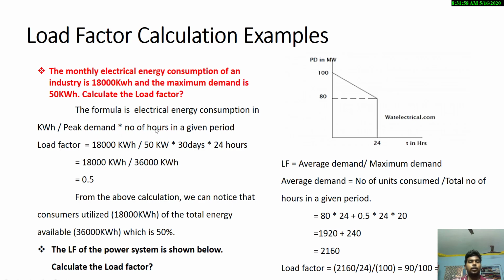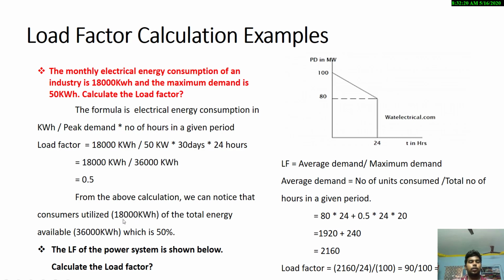For a monthly period we multiply by the time, 30 days times 24 hours, and we get 0.5, that is 50% load factor.